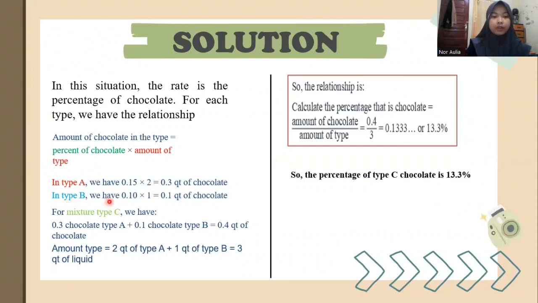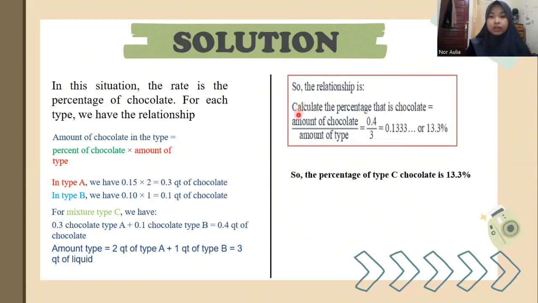In type B, we have 0.10 times 1 equals 0.1 quart of chocolate. For mixture type C, we have 0.3 from type A plus 0.1 from type B equals 0.4 quart of chocolate. And the mixture equals 2 quarts of type A plus 1 quart of type B, which is 3 quarts of liquid.